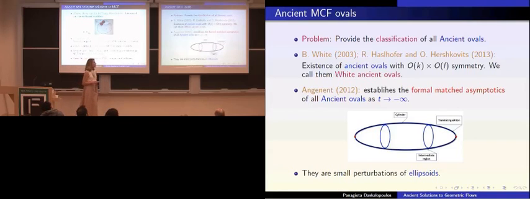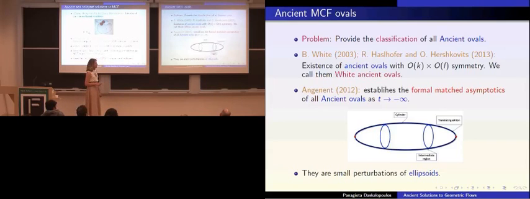And Angenent in 2012 showed formal matched asymptotics of these ovals. His asymptotics showed that there are three regions.